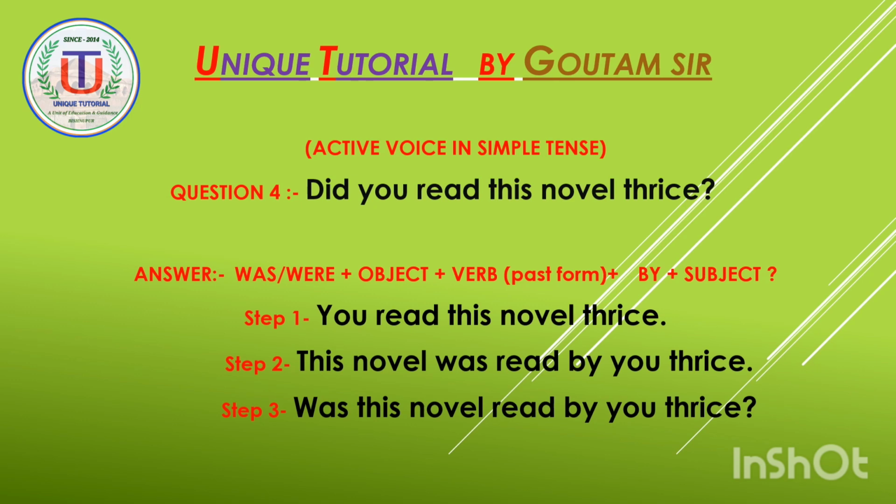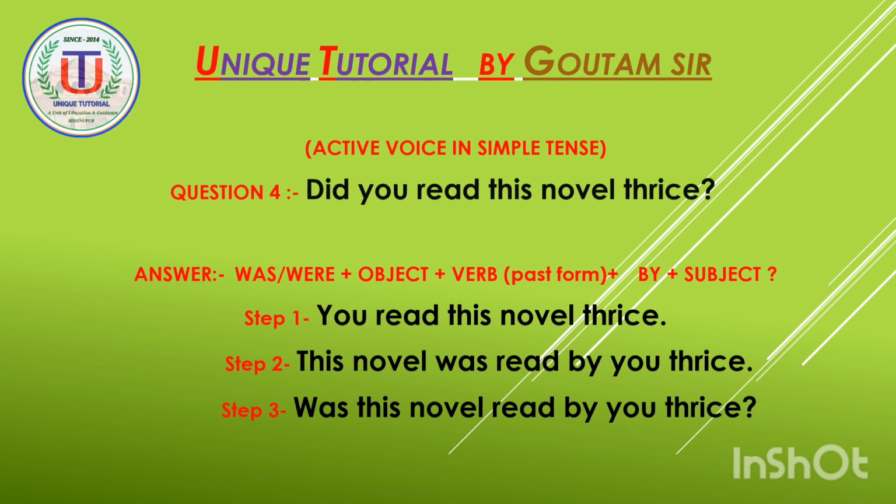Question number 4 is in interrogative form. The question here is, did you read this novel thrice? The sentence is in active voice in simple past tense. So according to the structure, first will come was or were, then object, then verb third form, then by, then subject.